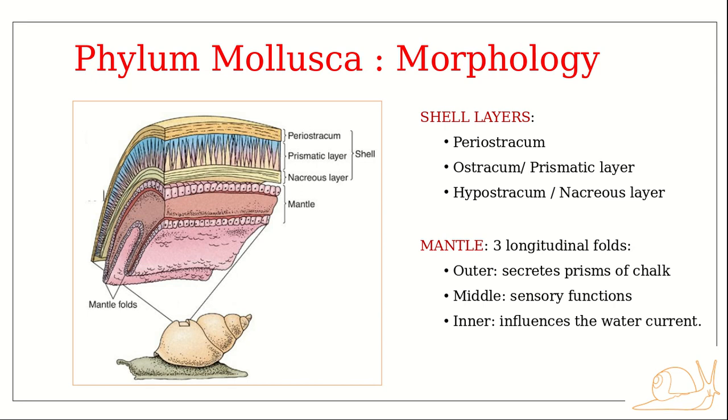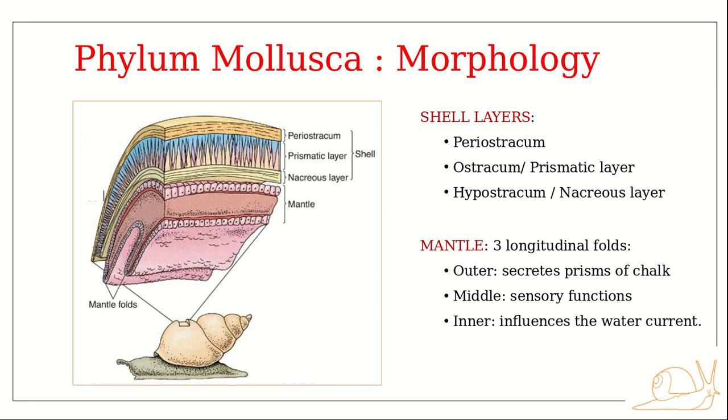Regarding its position, the majority of mollusks have an external shell, as in snails, which you are familiar with, while it could even be internal, as in cuttlefishes or squids, and in some cases it could be reduced or even absent, as in octopus and slug.